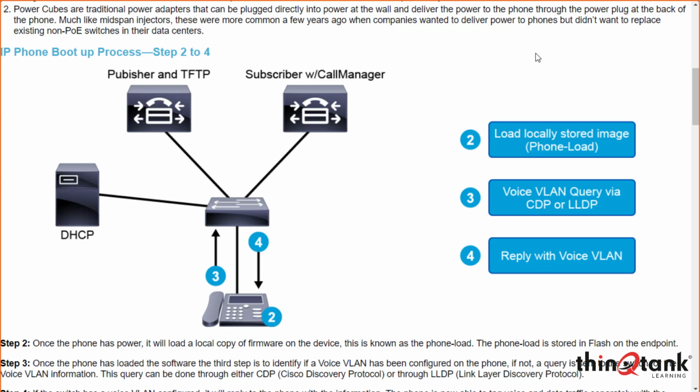That's 1 priority queue, 3 normal queues, and 1 drop threshold. Those QoS capabilities allow the phone to act like a 3-port switch. You've got the port that goes to the switch infrastructure, you've got the port that goes to the PC, and then you have the port that goes to the phone ASIC that actually does the processing for the phone traffic itself.